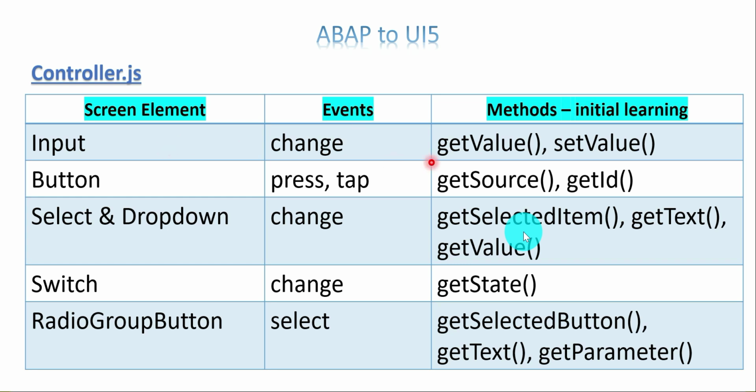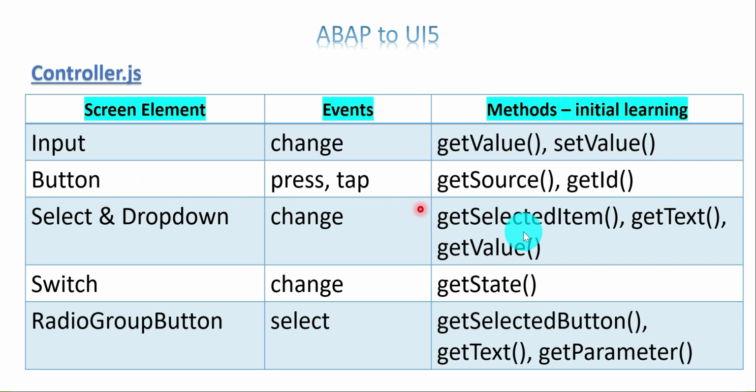For our inputs, I'm going to use very basic methods, for initial learning. To read the value, I'm going to say get value. To write the value, I'm going to use a method called set value. Everything here is case sensitive, so the method names, with the capital V in value, are case sensitive too.